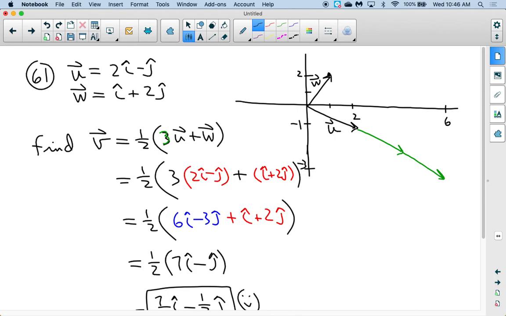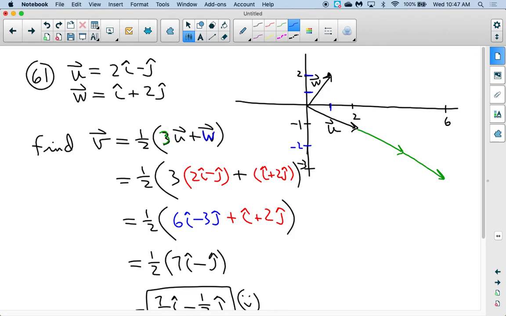Plus W. All right, let's add W to that. W is 1 to the east and then 2 north. Let me put it at -2 so you can see this a little better.